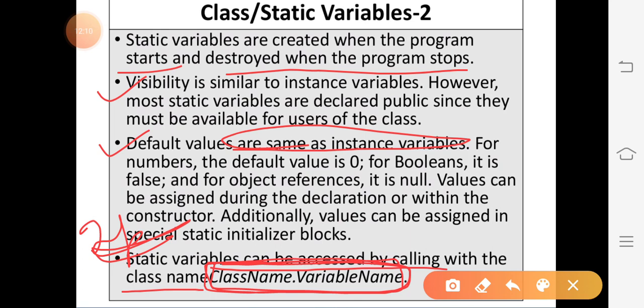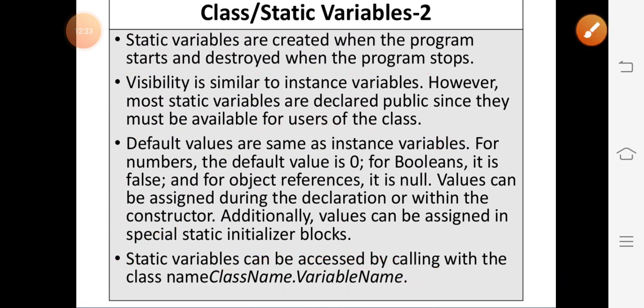They are not created according to objects. Static variables do not depend on the number of objects; they depend on your class. So for the class, static variables are created, not for any special object. That's the reason we access it this way: class name dot variable name.